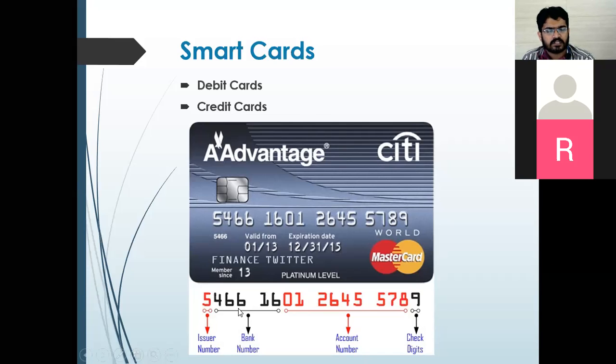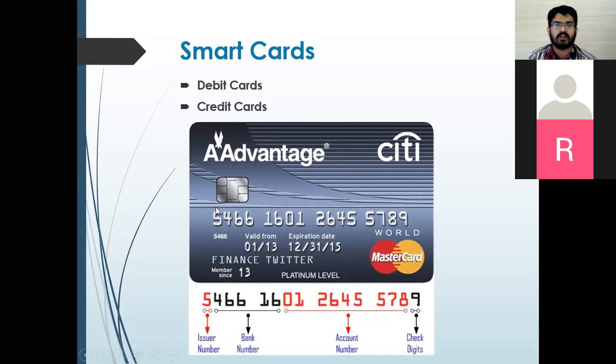Then the next 5 digits represent the bank number, the next digits your account number, and the last is the check digit. This number helps in checking the account validity. Lots of different purposes for which these numbers are used, but they are encoded, and only the machines that read the cards know what they mean.